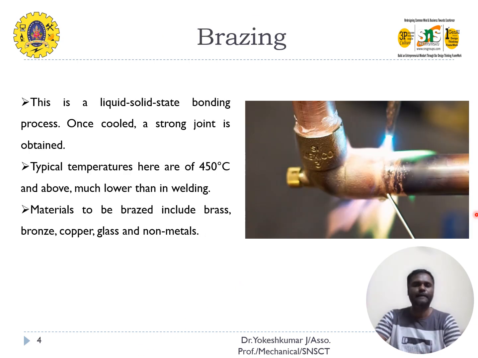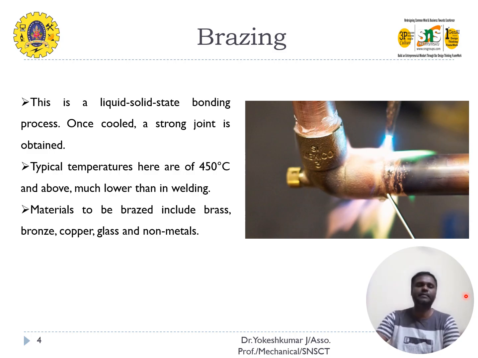Next, we need to discuss the brazing process. Mostly the pipes used in air conditioners and refrigerators, if they have any damage, can be joined by using a brazing process.